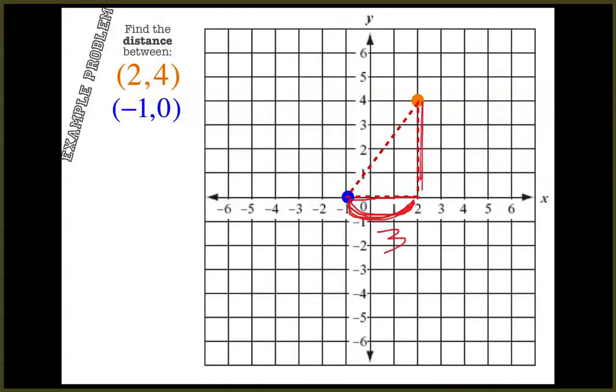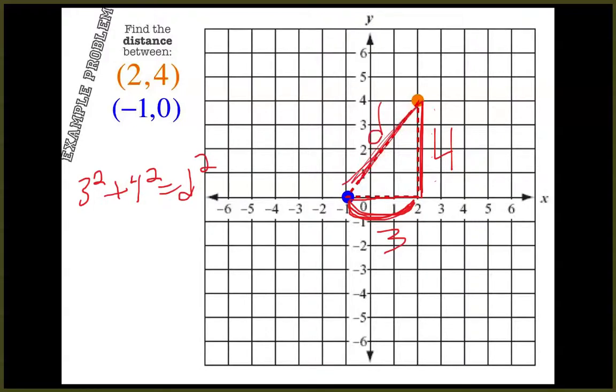And then how far is this here? 1, 2, 3, 4, right? So this is 4. Oh, guess what? I already kind of know that this is just a 3, 4, 5 right triangle, but just to make sure that you get it, I would do 3 squared plus 4 squared equals d squared, d for distance, right?